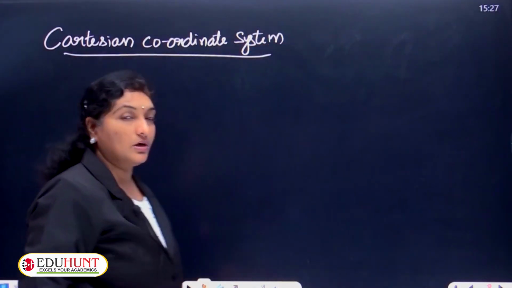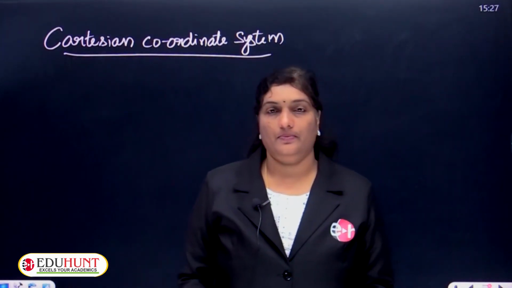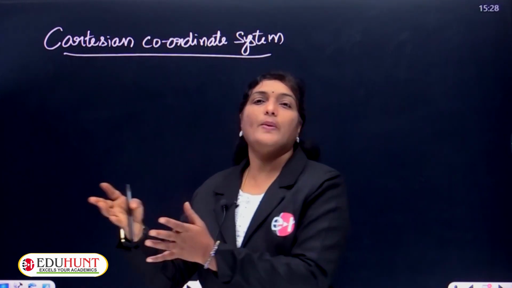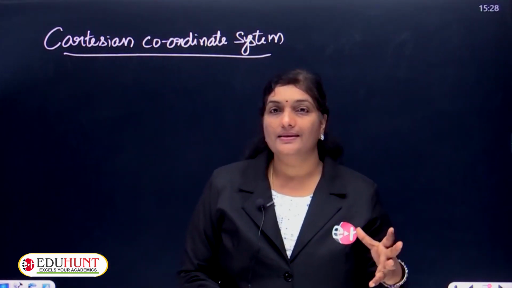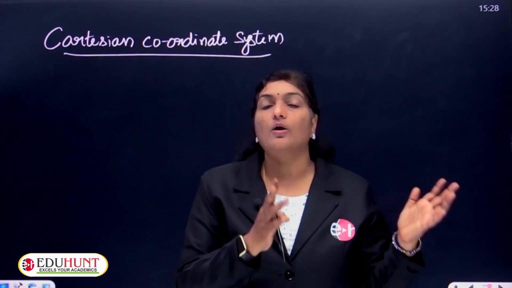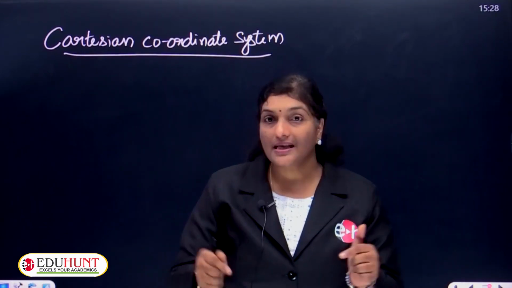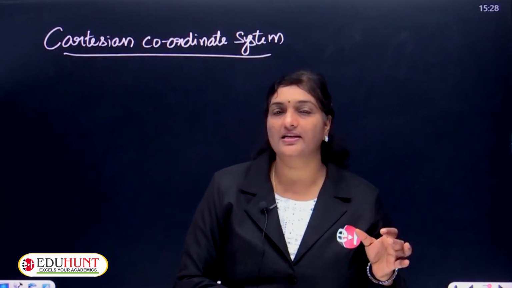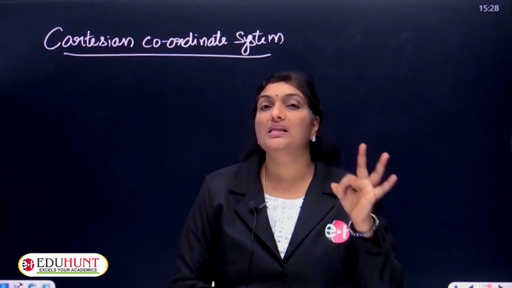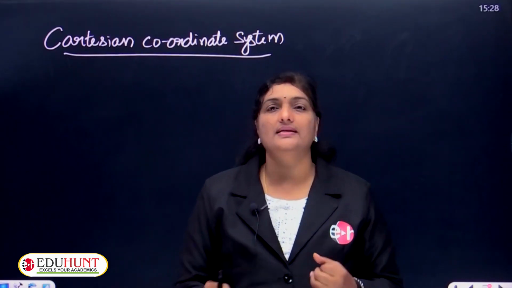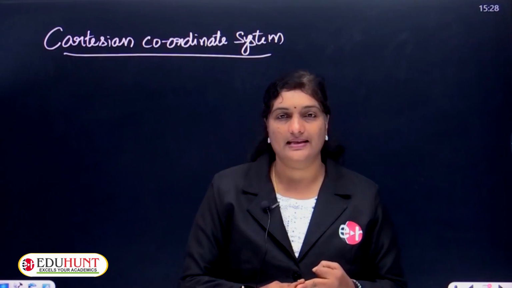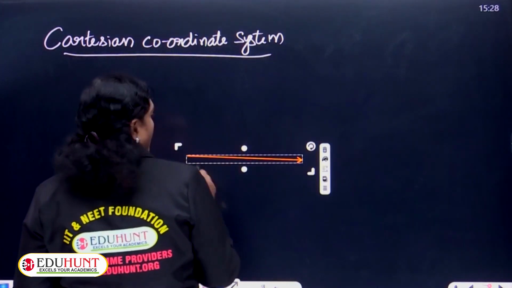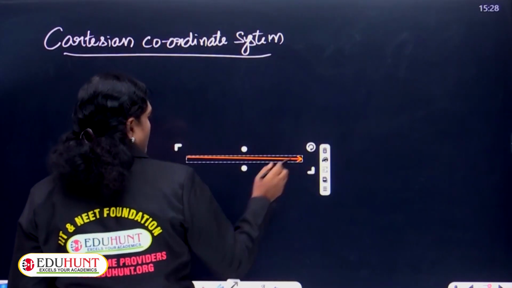Suppose you want to represent the motion of any object with respect to the observer, you need to have a coordinate system, and this coordinate system is called a Cartesian coordinate system. It generally consists of three mutually perpendicular axes: the x-axis, y-axis and z-axis. All of them lie perpendicular to each other.